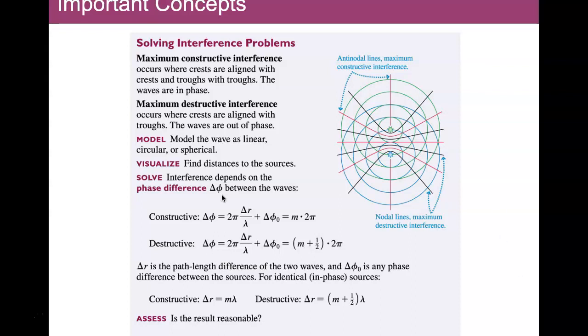There are some phase shifts that depend on the difference in the path traveled from the two sources to the point where we want to find the interference pattern. If the phase shift is a multiple of 2 pi, it's constructive. If it's n plus a half times 2 pi, which is 2 pi plus a pi, then it's destructive.